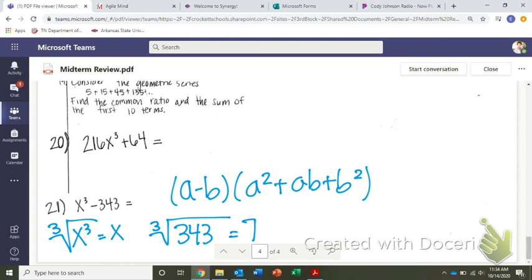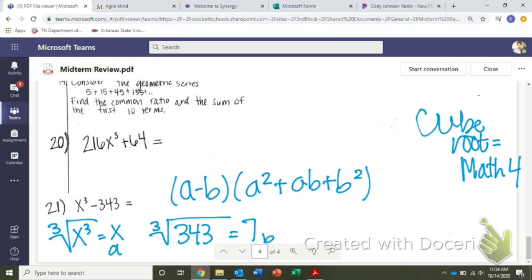And to find the cube root, it's math 4 on your calculator. So this is A, this is B. I plug them in. x minus 7, x squared plus 7x plus 49. Okay, that is my review.